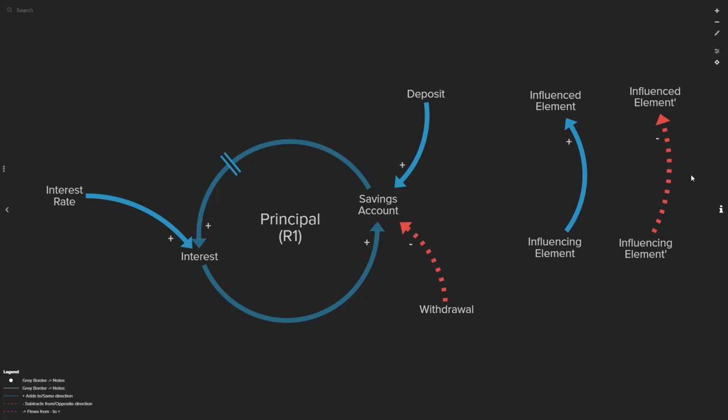The other relationship is a minus, not actually being negative, just meaning that the influencing element subtracts from the influenced element if it's a stock. Otherwise, it says that the influenced element changes in the opposite direction of the influencing element. So if the influencing element increases, the influenced element decreases. And if the influencing element decreases, the influenced element increases.